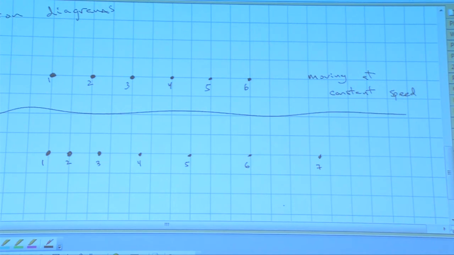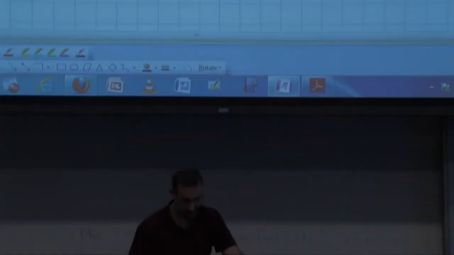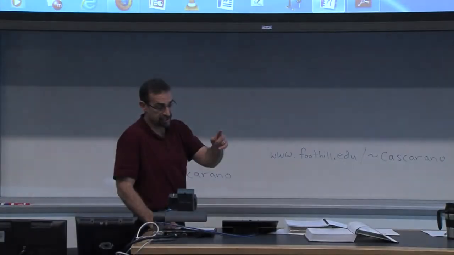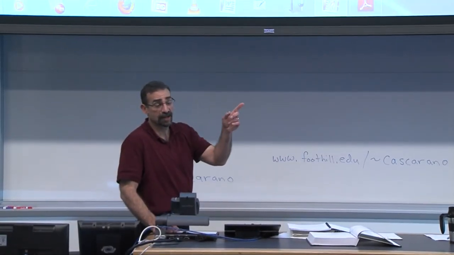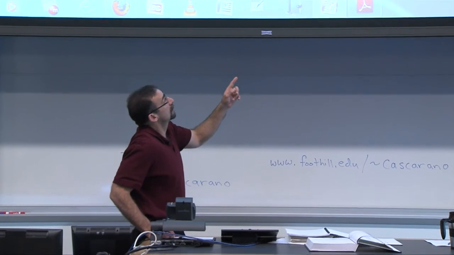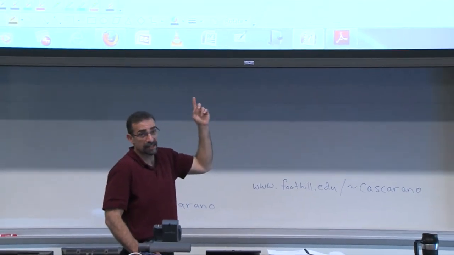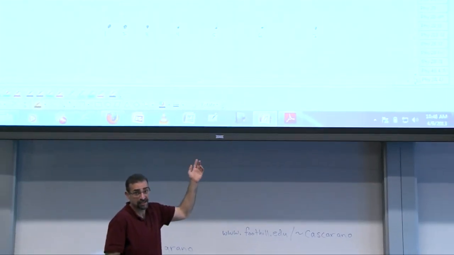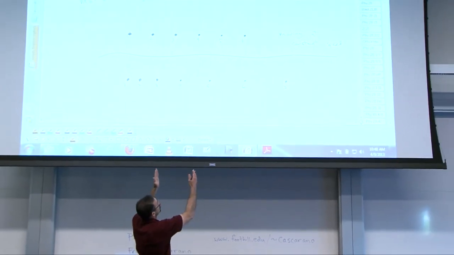So what's happening with this object? There's acceleration for sure, and there's acceleration because its speed is increasing, right? And I think if I drew it correctly, it's increasing at a constant rate. The acceleration is constant. Each one of those time intervals increases by the same amount.